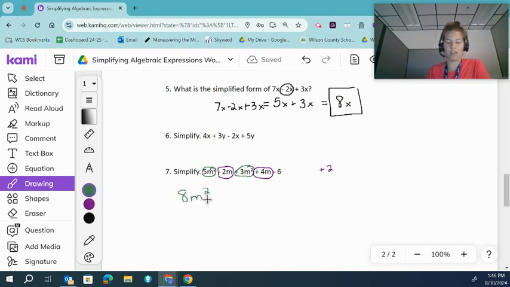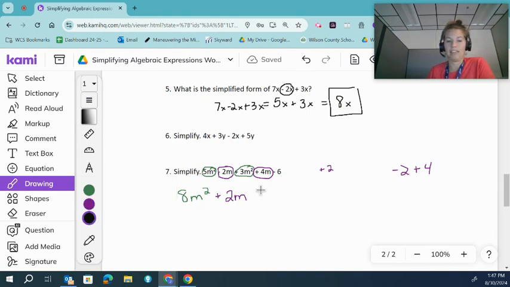So 5m squared plus 3m squared is 8m squared. Then negative 2m plus 4m. This is your integer rule. So negative 2 plus 4, opposite signs. So we subtract and we keep the sign of the larger absolute value, which is going to be positive 2m. Don't forget your variable.